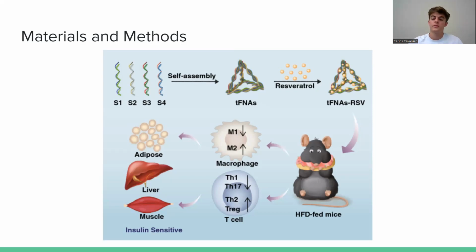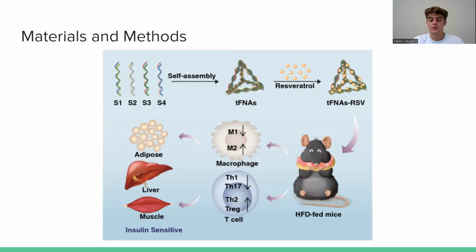And then after that, they wanted to incorporate the RSV, or the resveratrol. As you can see on the figure here, they had the self-assembly of the tFNA. Then to incorporate the resveratrol, they took different concentrations of the drug, 20, 40, 80, 120, and 160 micromolar, and added them to the tFNA solution that they had just created.